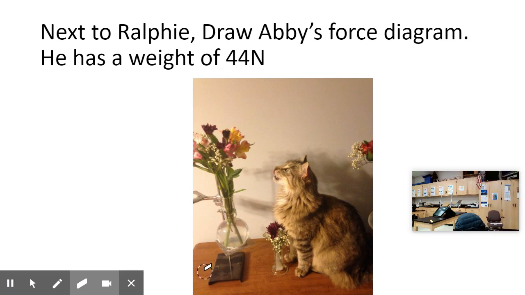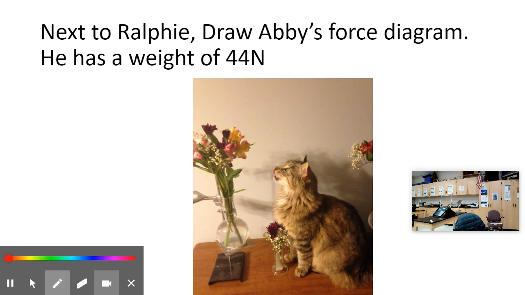Okay, so I'm going to try this guy. And I'm going to go Abby. And I got to draw Abby first. So there's Abby right there. He's a dot. And then Gabe said I'm going to have a vector going down.